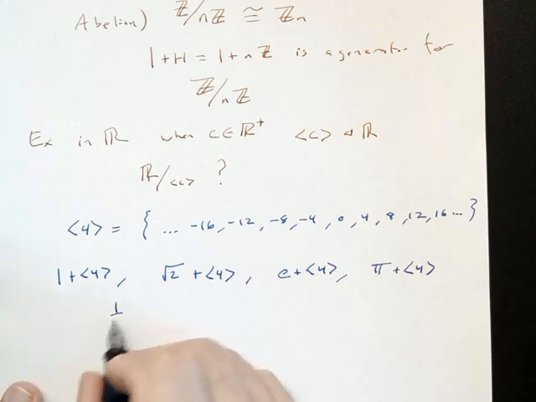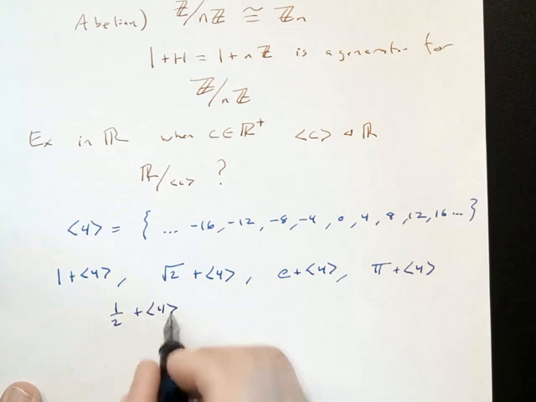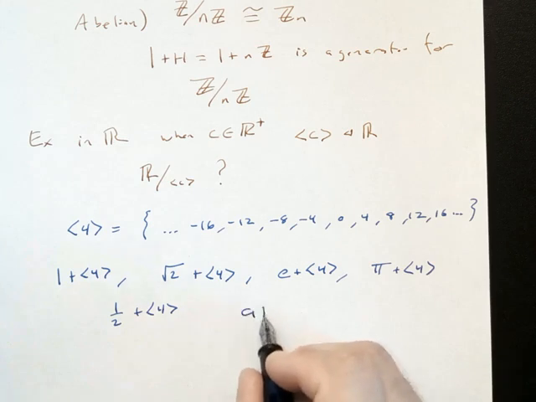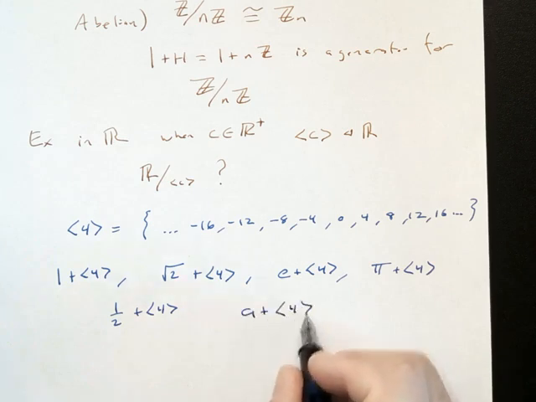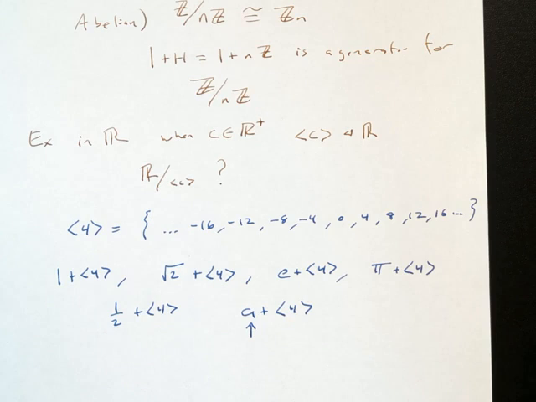A half. So let me think about that. If I did A plus the normal subgroup generated by 4, how many different A's? There are infinitely many.